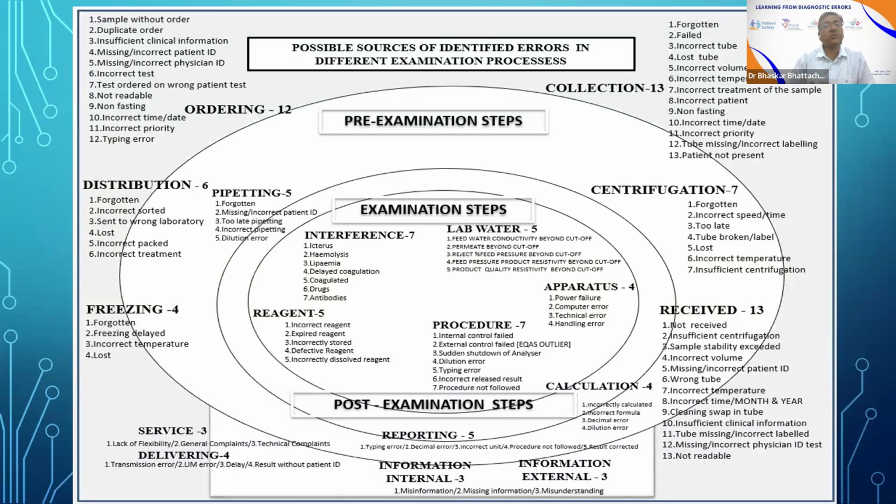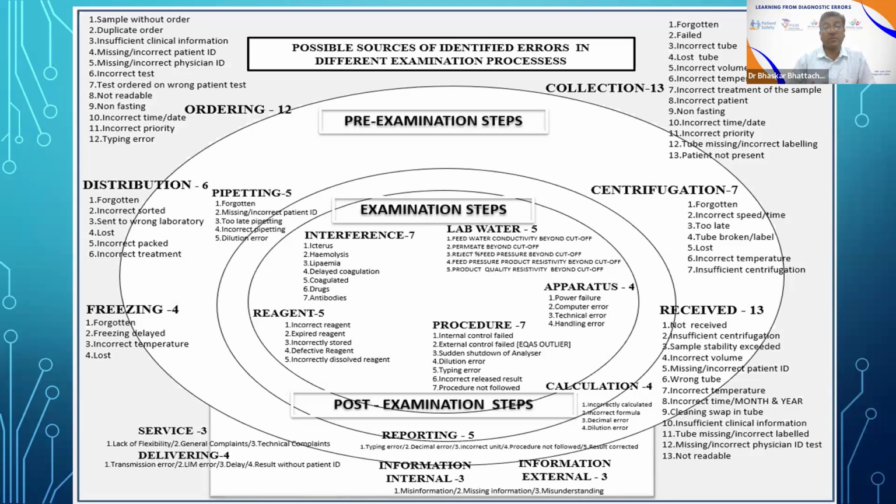I have tried to discuss each in detail. For example, during the time of ordering a test, if the order has been taken but the patient's preparation is not proper, then it generates an error in the reported result.